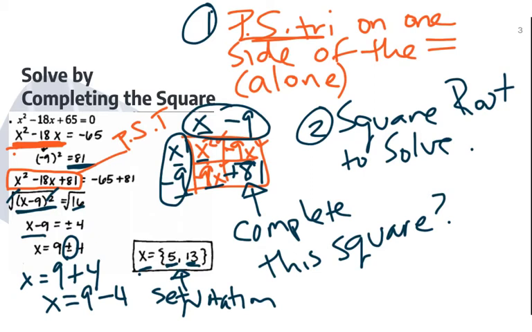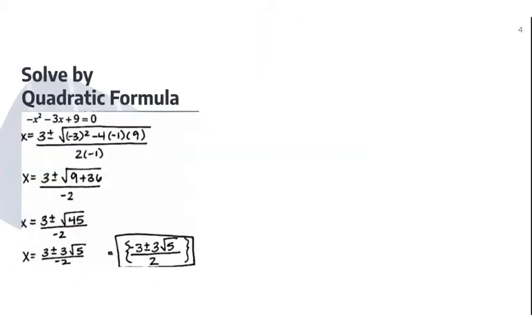Okay. All right, quadratic formula. Remember, this one has the most steps. Do you remember what this is called? Think about it. Starts with a D. Discriminant.